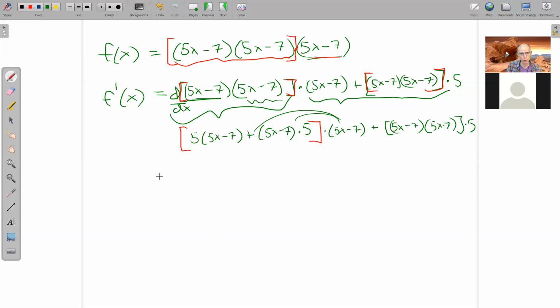So distributing that through, I get 5 times 5x minus 7 times another 5x minus 7. And I'm going to run out of room if I don't slide that over. Okay, so I just distributed this there. Now I have to distribute that here.